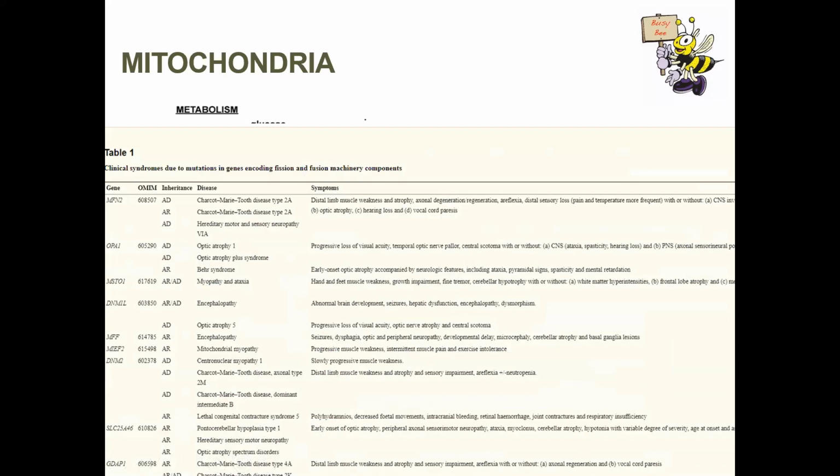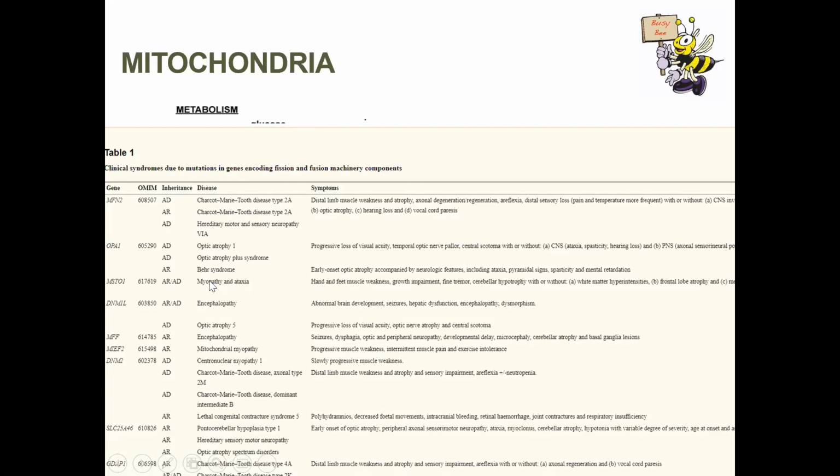Okay. Now, as usual, I have added a complicated table here for you, which you might not be able to read properly. My only aim is for you to just look at the heading. Clinical syndromes due to mutations in genes encoding fission and fusion machinery components.